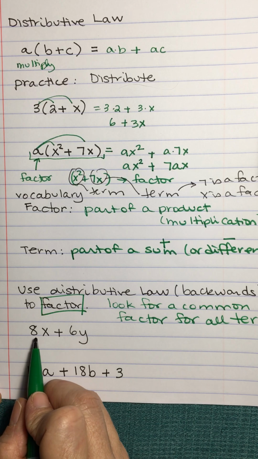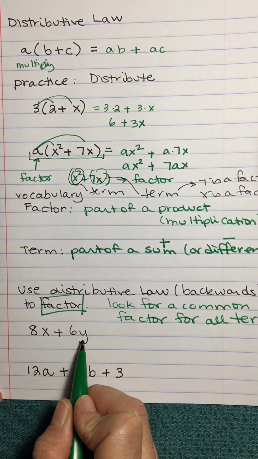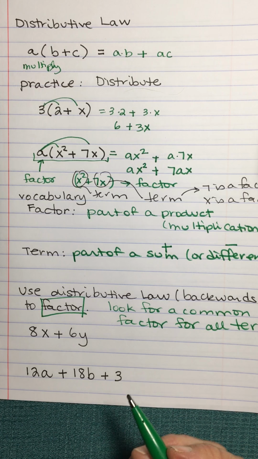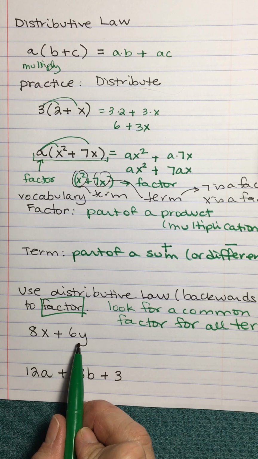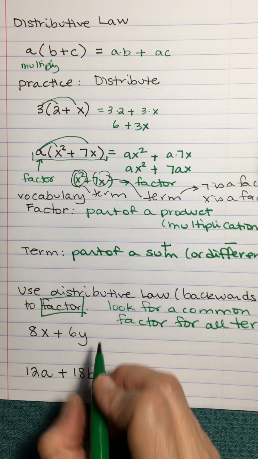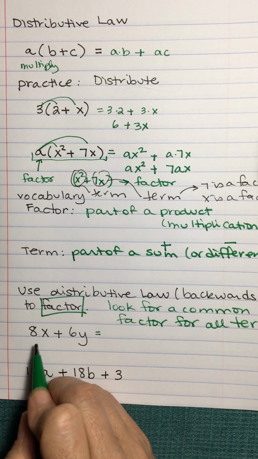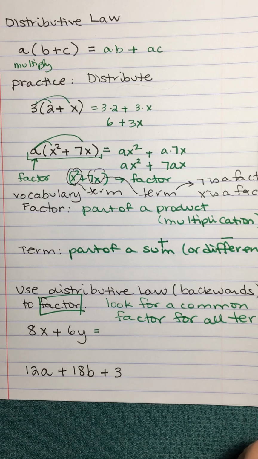So in my first example, I have 8x plus 6y. So I'm thinking of a factor that goes into both 8x and 6y. So I'm going to write a little gory detail because it's kind of good to see where it comes from. So, right, did we all come up with 2?